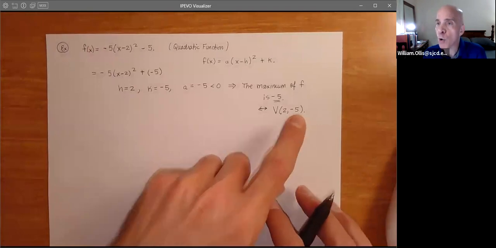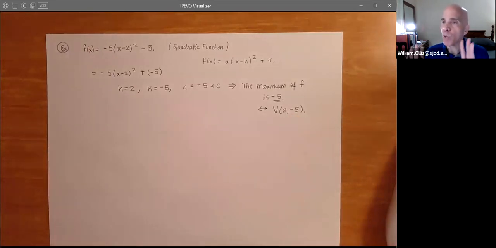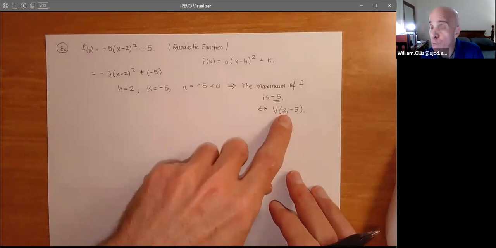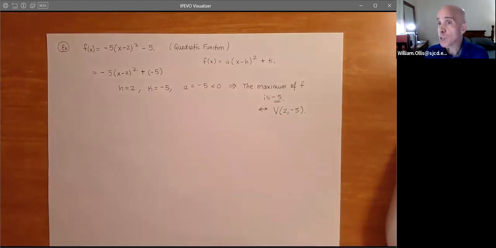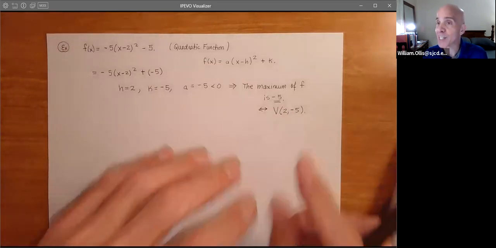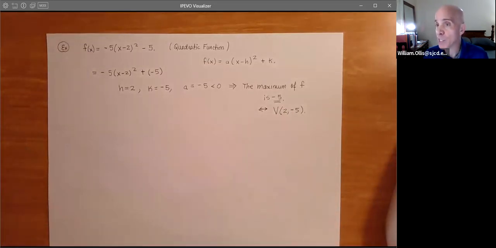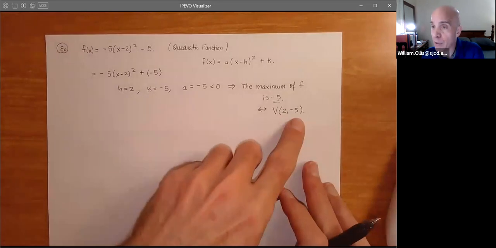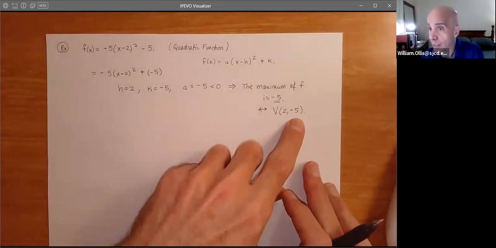Okay, so be very careful that when you actually answer it, you respond with a number, because the maximum or the minimum is a value of the function, the output. We often will write the ordered pair, for instance, just to show that the vertex defines the maximum or the minimum, because it will be the what? The y coordinate.